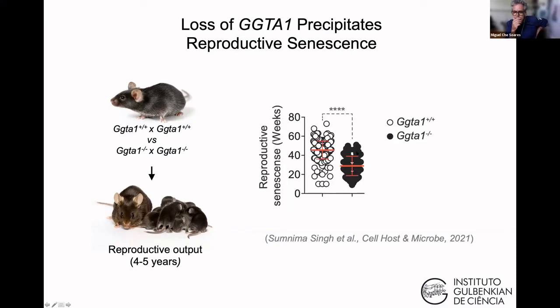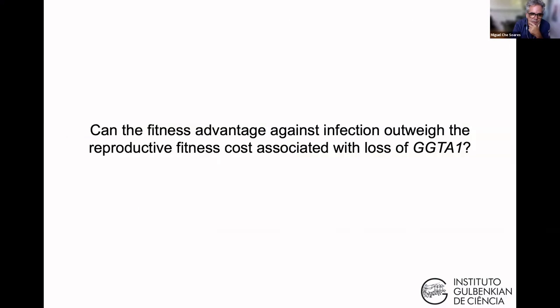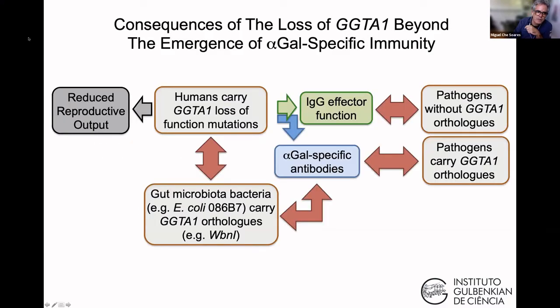If we look at this in a cumulative way, it's very significant. The time of reproductive senescence is reduced by almost 50%. So not having GGTA1 somehow precipitates reproductive senescence, and mice are not able to have as much offspring if they are knocked out for the enzyme. So that's the price that one pays.